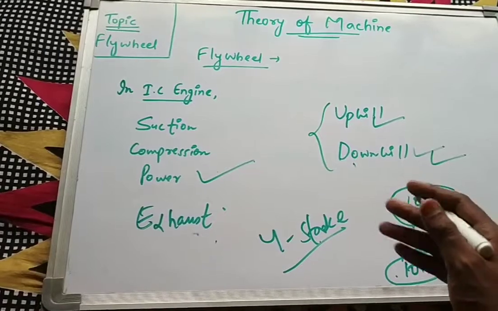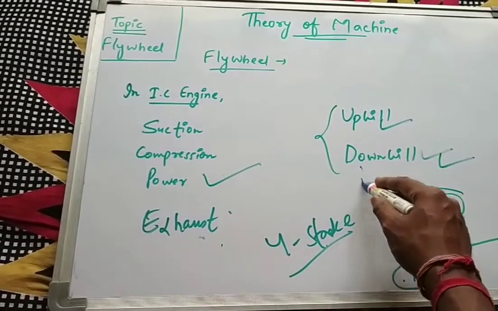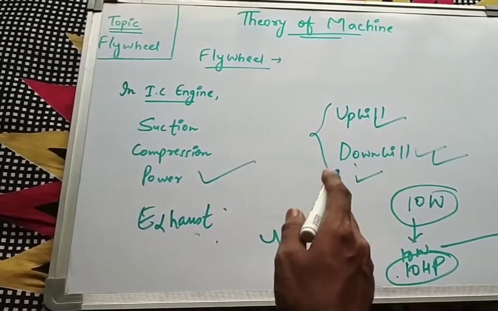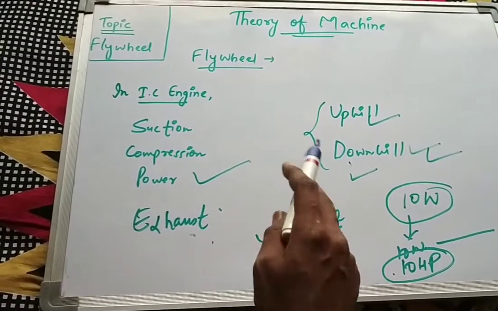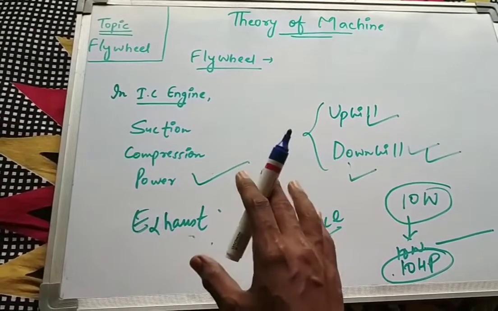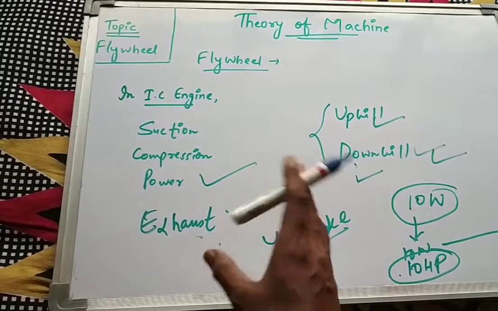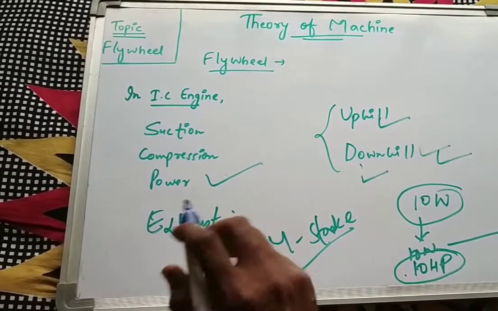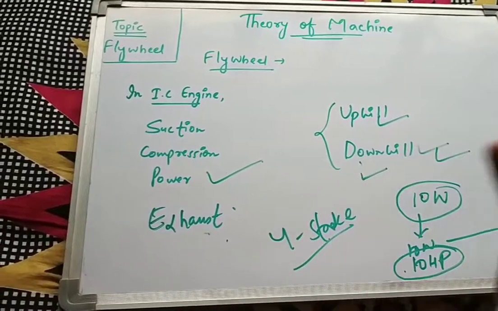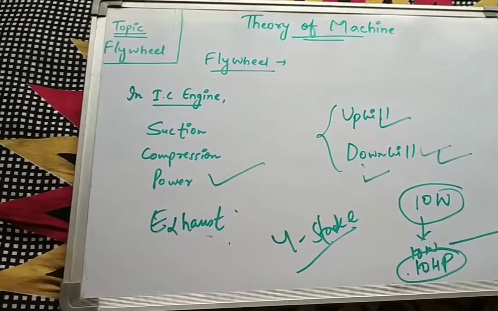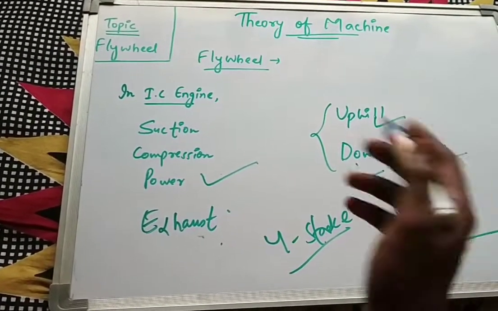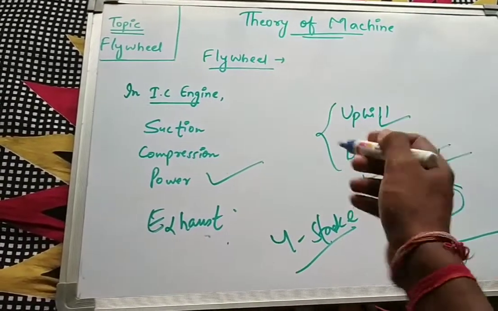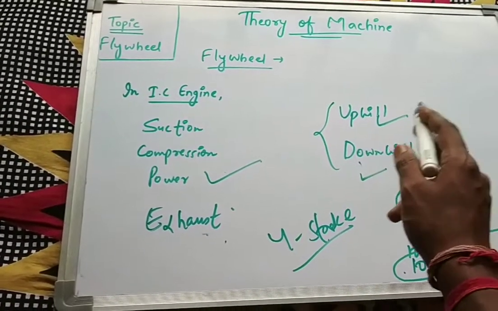The motorcycle runs away automatically. So while going downhill, we don't require any amount of power. During that time, the flywheel stores the excess power, and that power is used by the motorcycle when we go through the uphill portion.